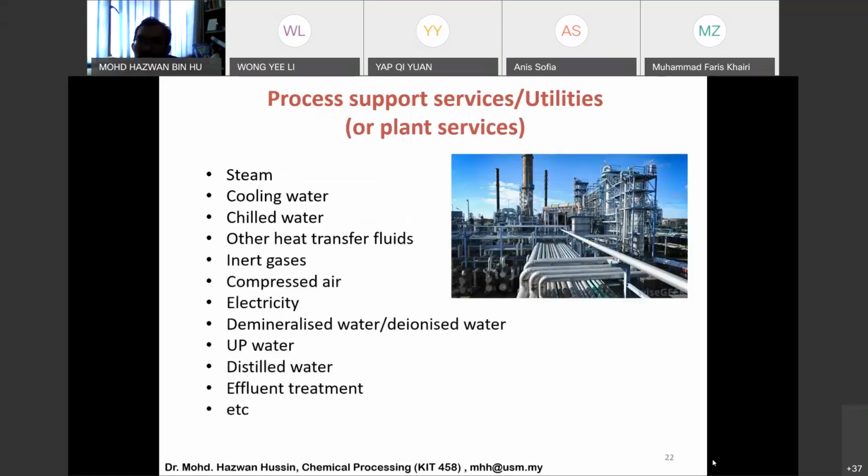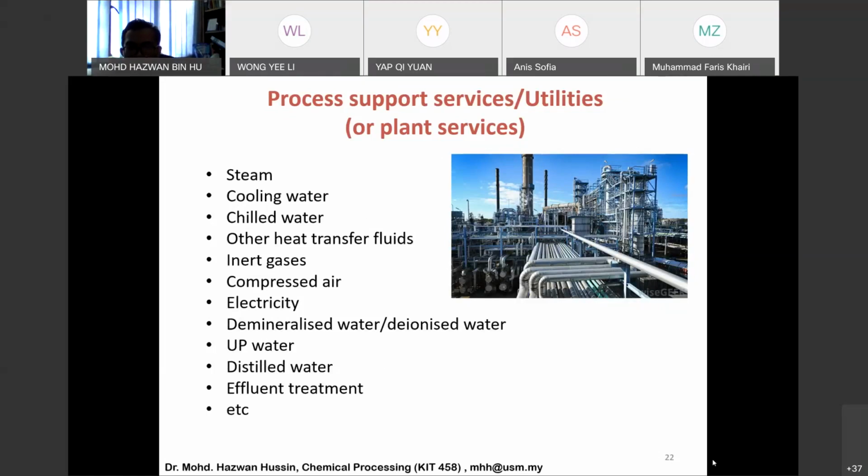So the process supports or utilities in industries, or plant services. Of course, as I said, in industries normally they will use steam. So you will need steam. You also need cool water for cooling process, chill water also for cooling purpose. Other heat transfer fluid like coolant, normally coolant.